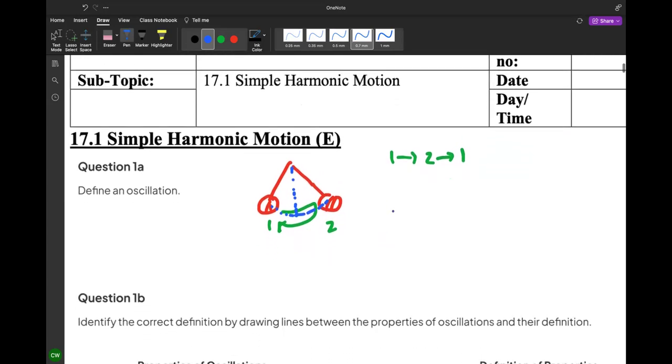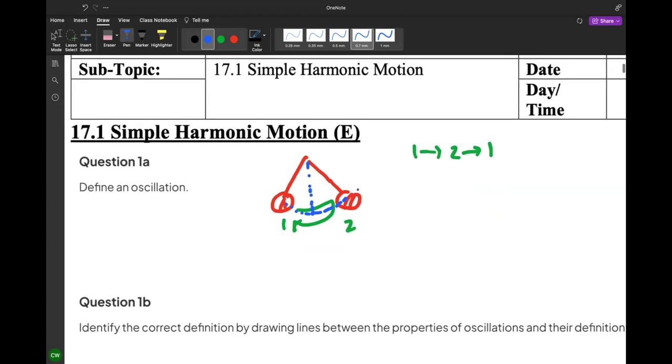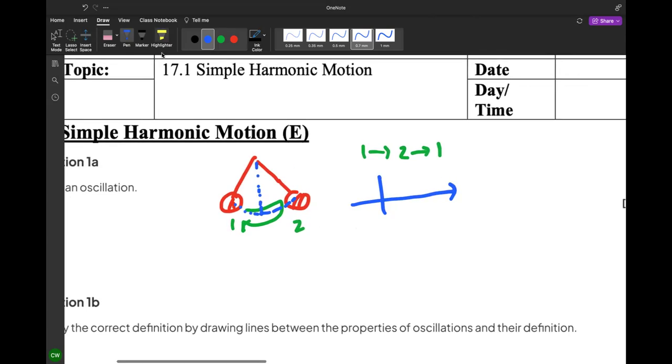For the maximum displacement, we call this point, it's actually from the ground. Normally it's a sine graph. It can be either sine graph or cos graph. There are three positions you need to pay attention to.